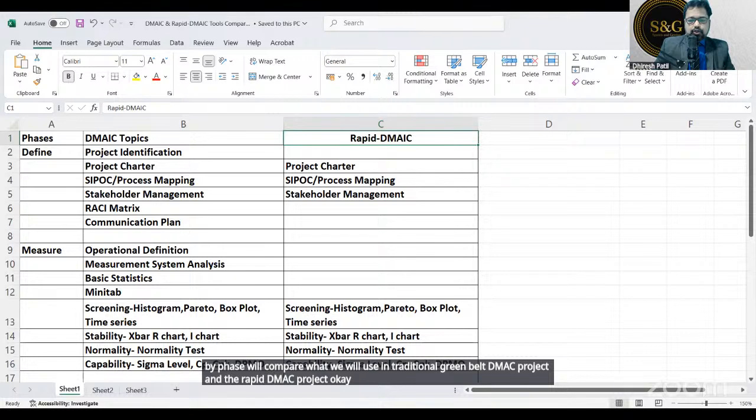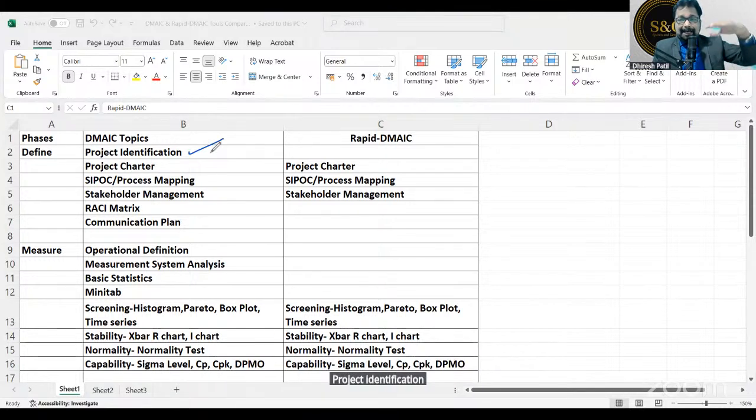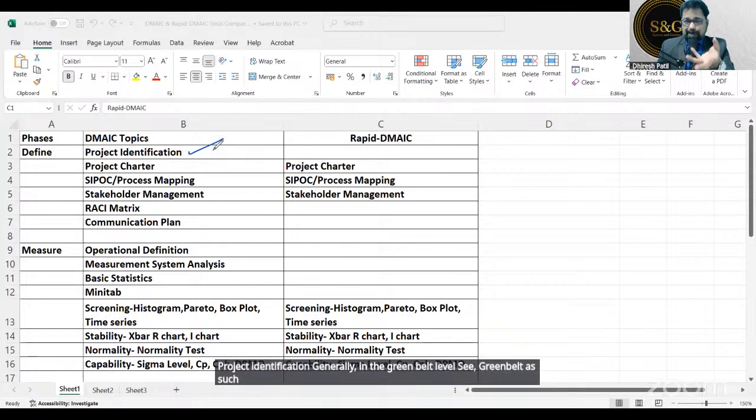Okay. Coming back to the first phase, which is the Define phase, project identification. Generally at the green belt level, green belts are not accountable for project identification. At the master black belt level we do that. But in the green belt curriculum, we have kept some topics like internal project selection and external project selection.